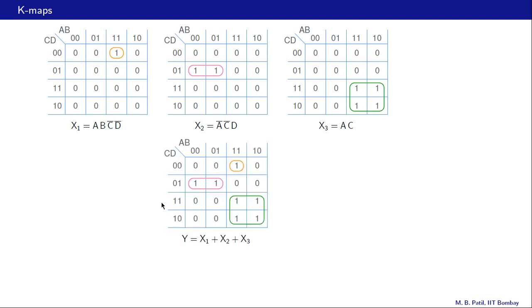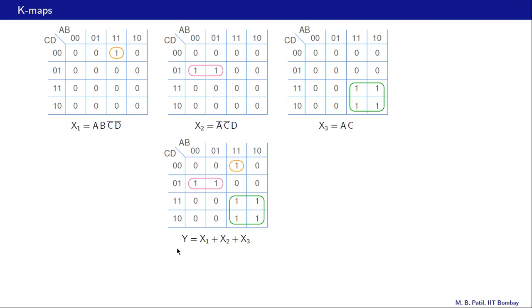Let us now consider a function y, which is the sum of x1, x2 and x3, that is the OR operation of x1, x2 and x3. What will the map of y look like? Y is 1 if x1 is 1, or x2 is 1, or x3 is 1.